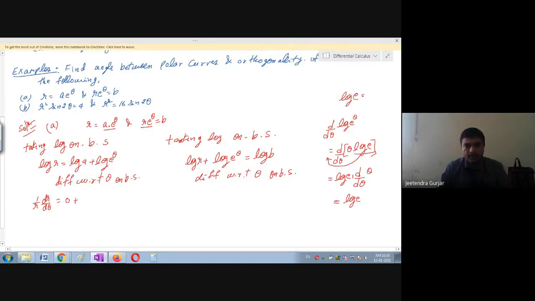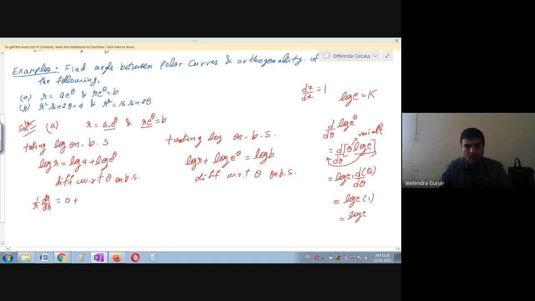So 2 is constant, 3 is constant, right? We always take constant outside, and which is variable, theta is variable. Am I right? So differentiation of theta you are going to do with respect to theta, like differentiation of x with respect to x. What is differentiation of x? 1. Similarly, differentiation of theta with respect to theta will become 1.